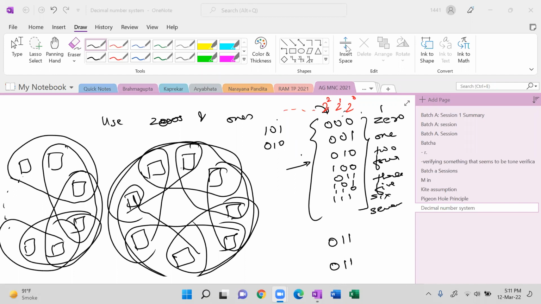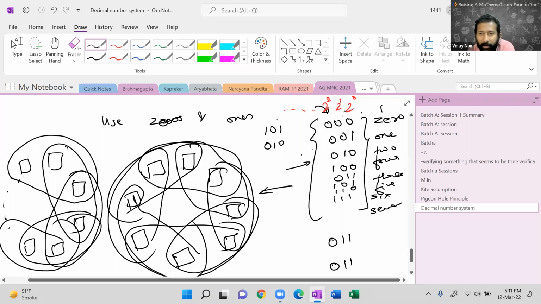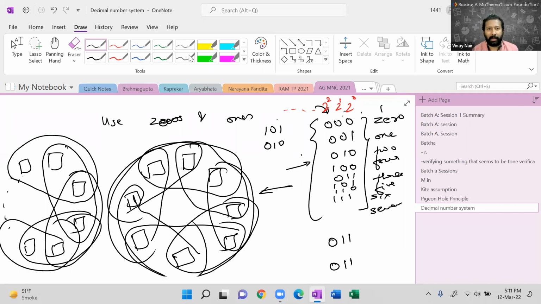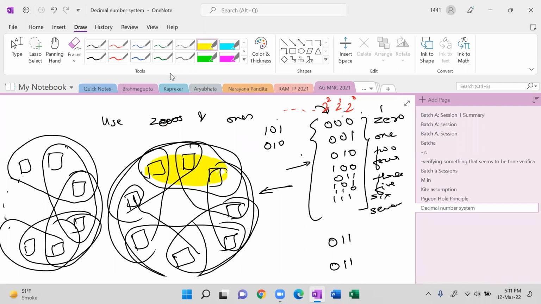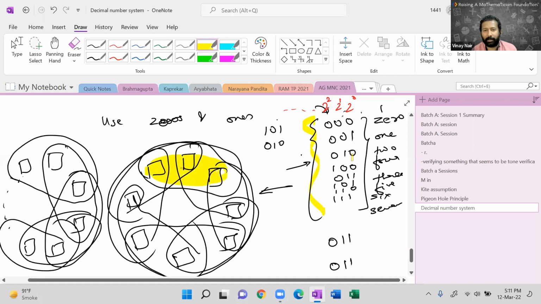Sir, actually, I didn't understand the question. Okay. The question is this: you have to arrange 1 and 0 in these boxes. You see these boxes, 8 boxes. You have to put 1 or a 0 in every box. And if you take 3 boxes, it should give you one of these numbers.